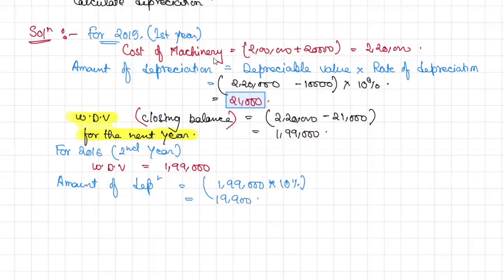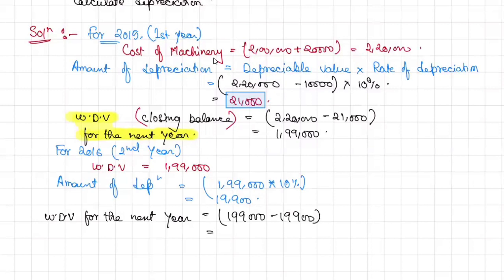Now what will be the WDV for the next year? It will be 1,99,000 minus 19,900, which is 1,79,100.